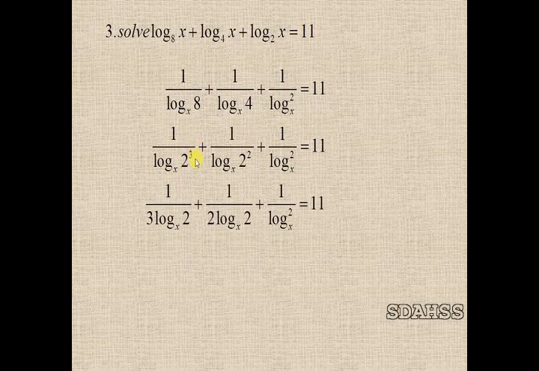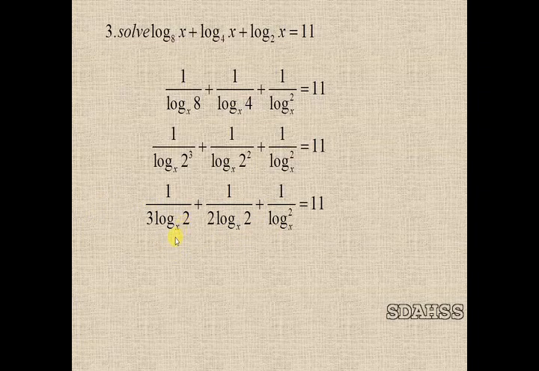Bring this power in front of the logarithm, so it becomes 1 by 3 log 2 base x plus, here also bring the power in front of the logarithm, 1 by 2 log 2 base x plus 1 by log 2 base x is equal to 11.